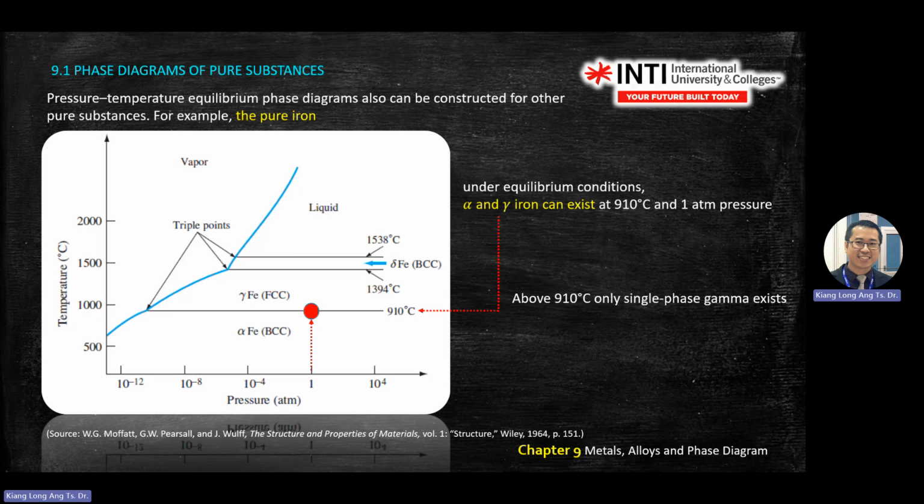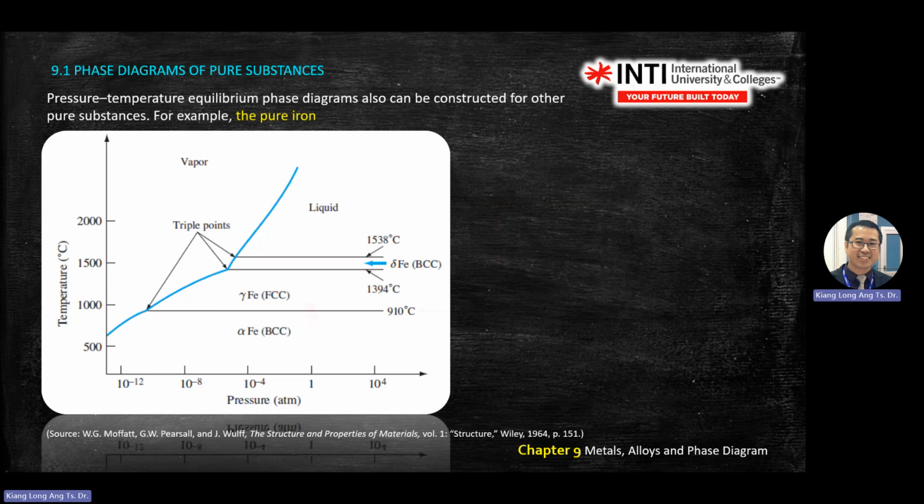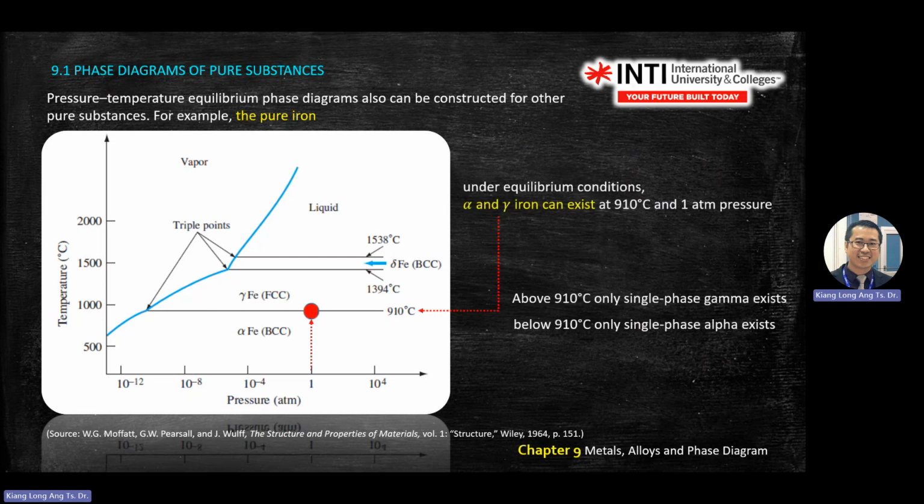Now, for example, at 1 atmosphere, 1 atm, 900 degrees C, this line, you will see double phase. Double phase means you have gamma and alpha. Below here is single phase, single phase, single phase. Okay, all these areas are single phase.